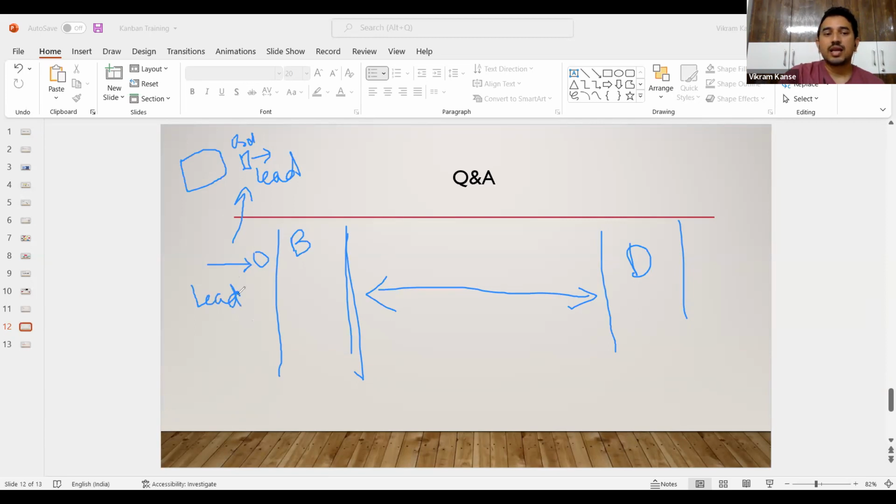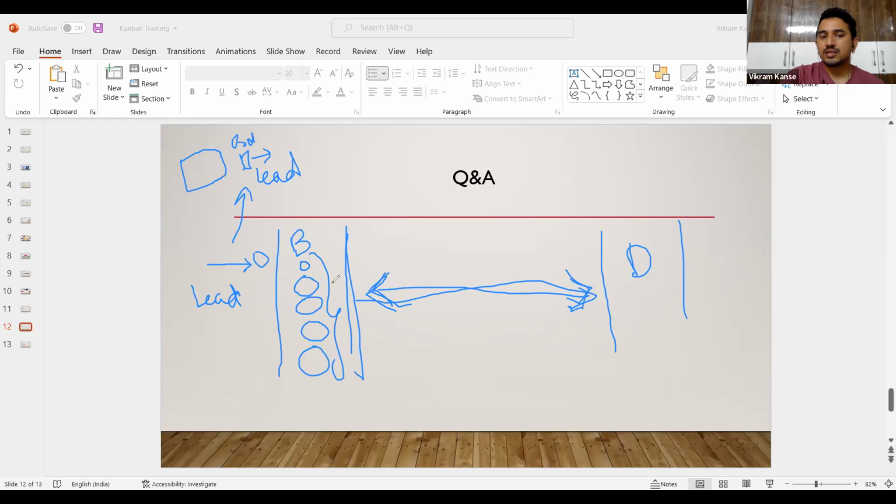Okay. And the moment actual work starts, so preparing the dough, preparing the base, topping them, baking them, and then packing them, you have all these things. All this happens between your start and finish, right?